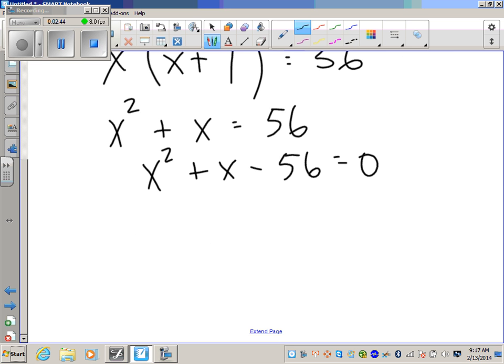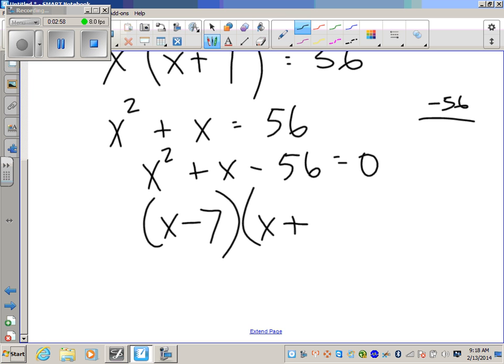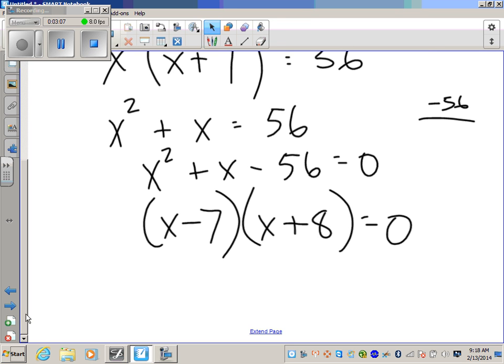All right, so now factors of a negative 56 that will give me positive 1. So negative 7 and a positive 8. But watch carefully what happens here. x here equals 7.